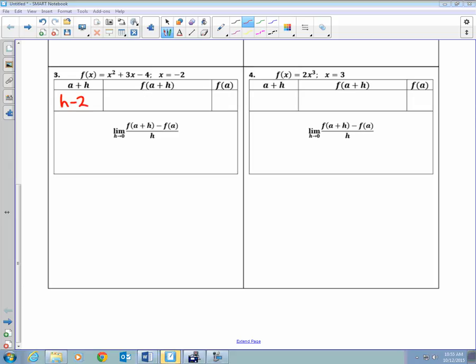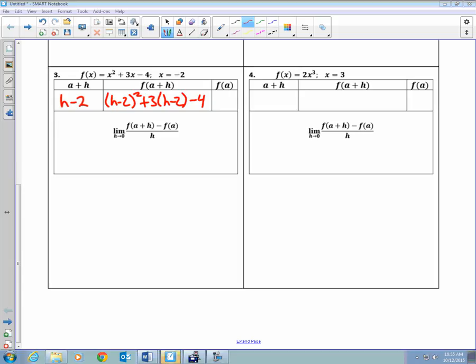I'm using a graphic organizer to fill out these pieces because a lot of people were confused about where I put what I get where. So f of a plus h, I take this h minus 2 and I plug it into the function, and I get h minus 2 quantity squared plus 3 times h minus 2 minus 4.